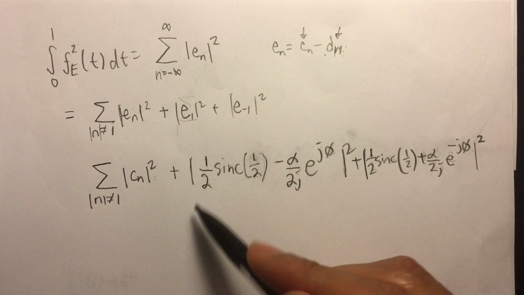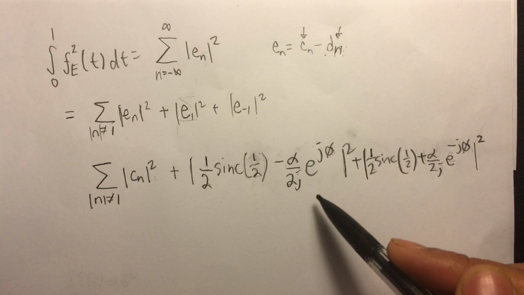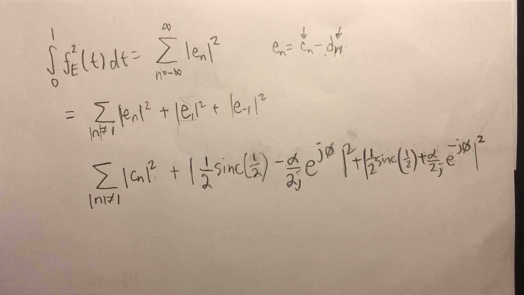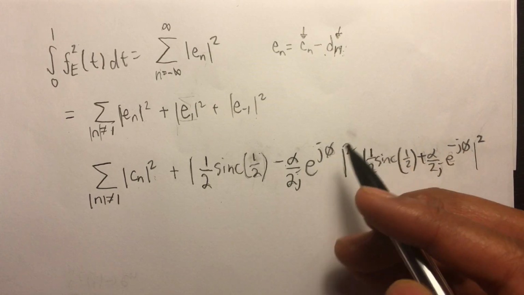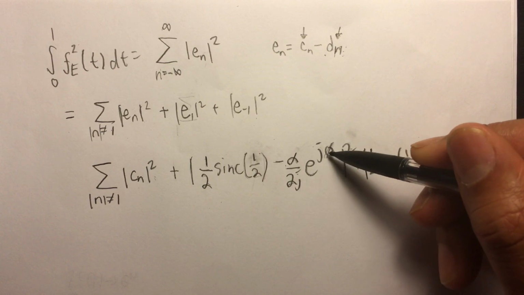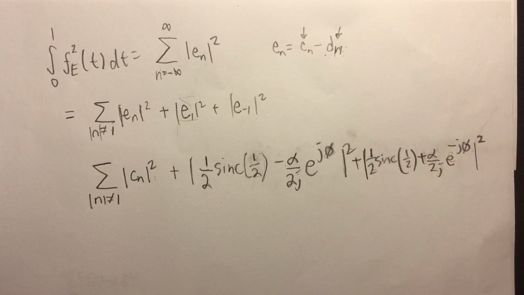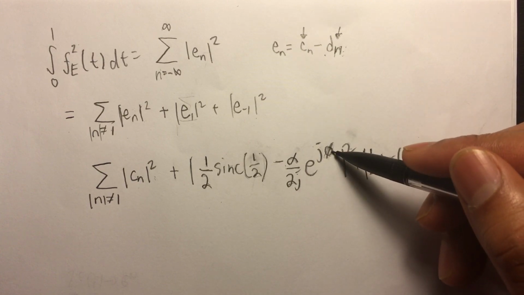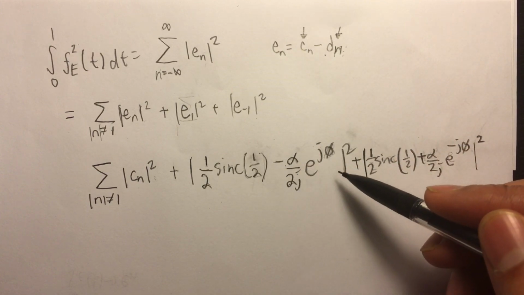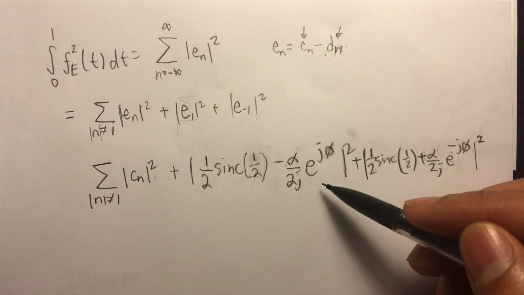We have a real number minus something else, which may or may not be real. However, we are free to choose this phi as we please, so we can actually make the second number real if we like.